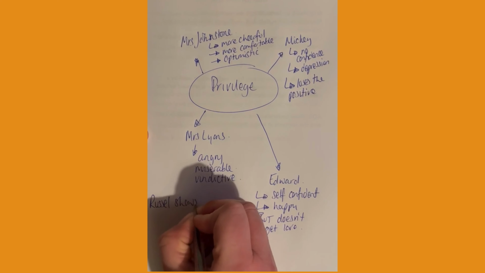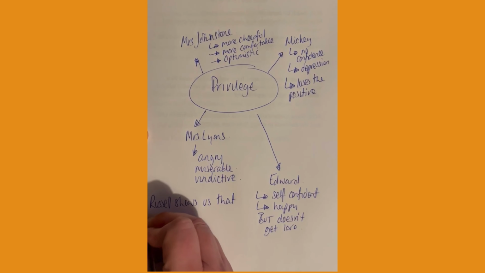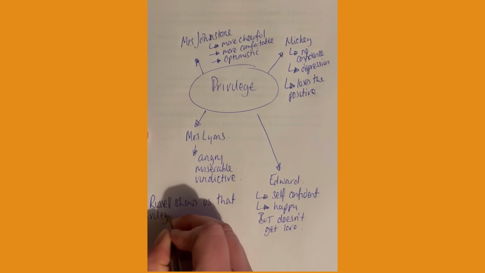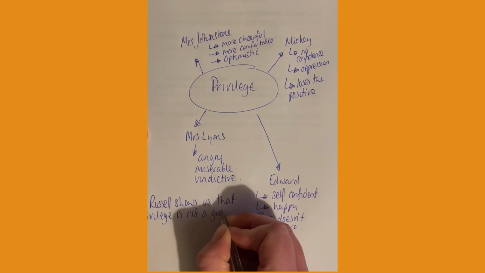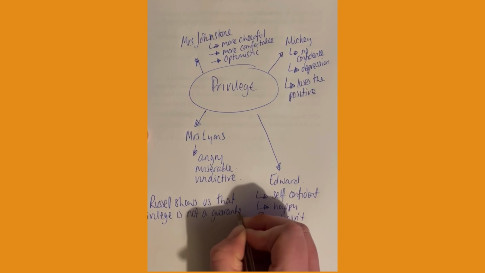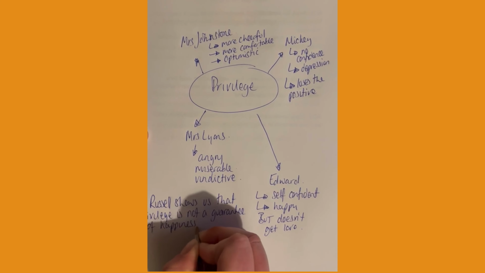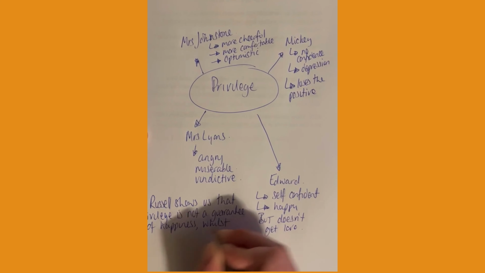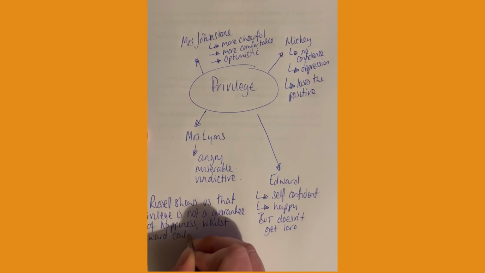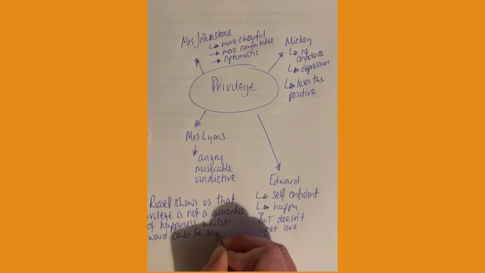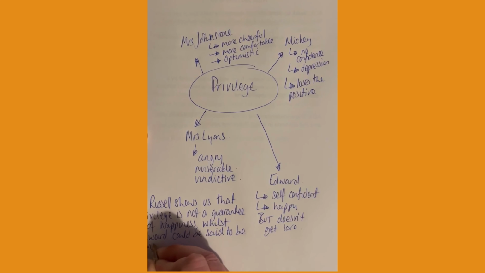So Russell shows us that privilege is not a guarantee of happiness, whilst Edward could be said to be a more happy character.